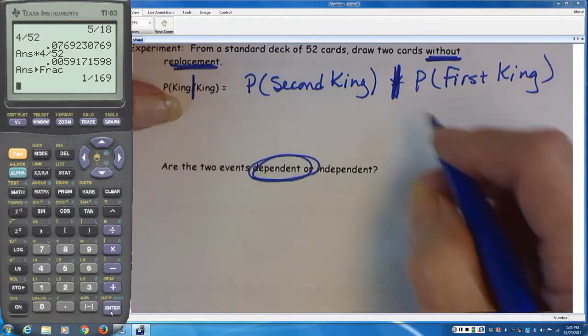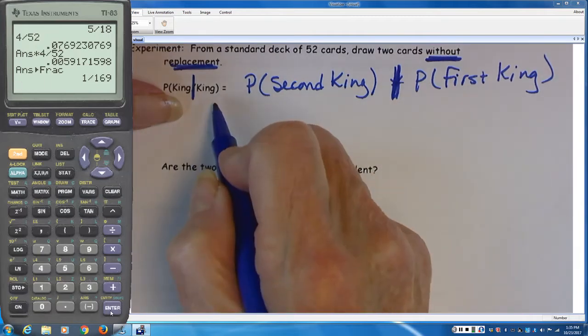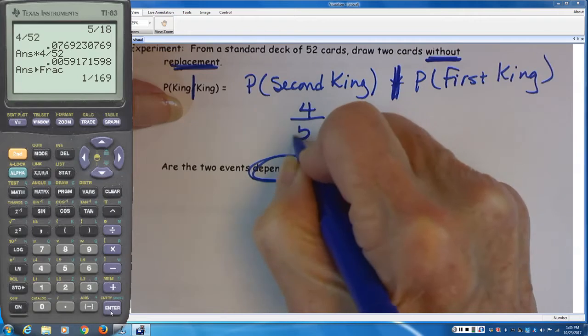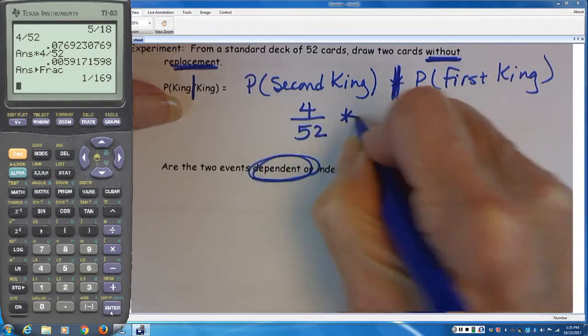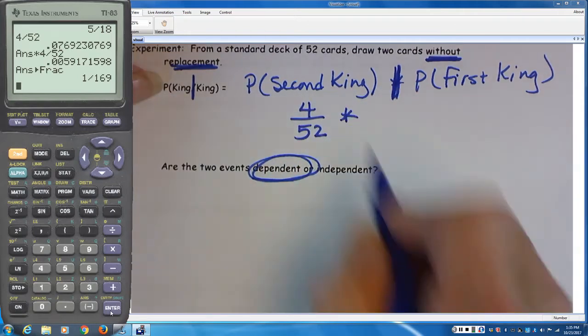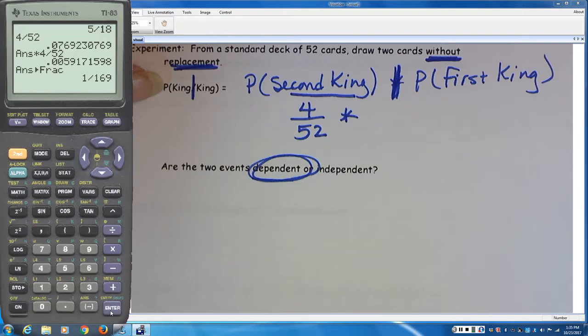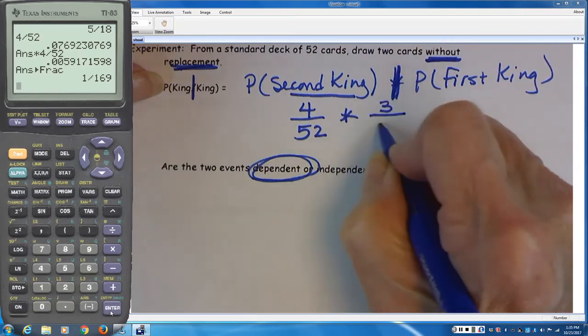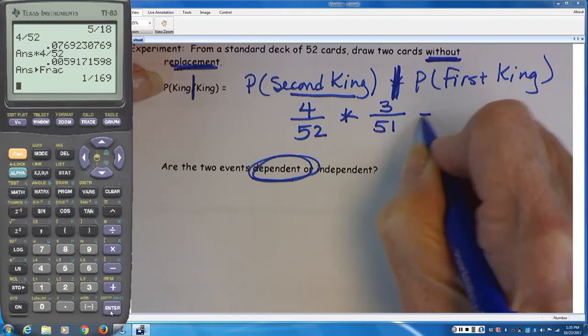Okay, probability of getting that first king: there's 4 of them out of 52. But then getting the second king, given that I got the first one laying out on the table, means there's only 3 kings left, and there's only 51 cards left.